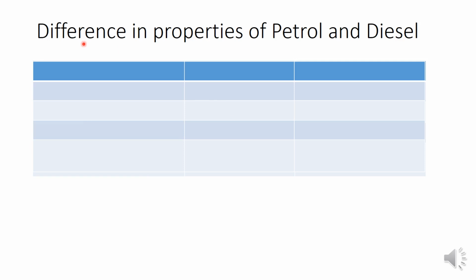Before going to the difference between a petrol engine and a diesel engine, let's discuss the difference in properties of petrol and diesel. Even though both petrol and diesel are derived from crude oil, the first thing we have to understand is that they are entirely two different fuels, and their properties are entirely different.